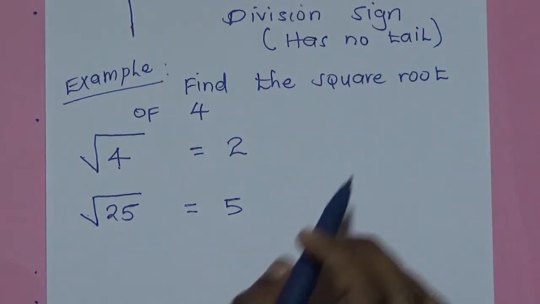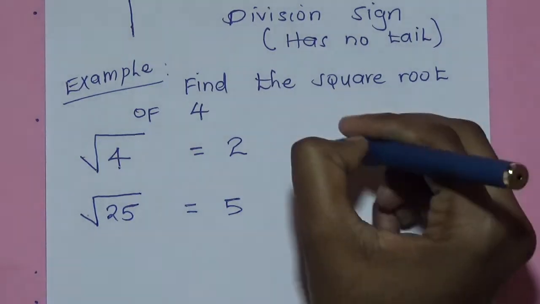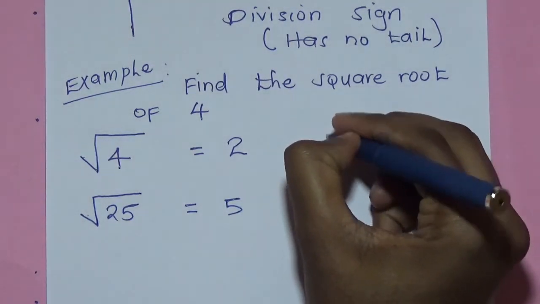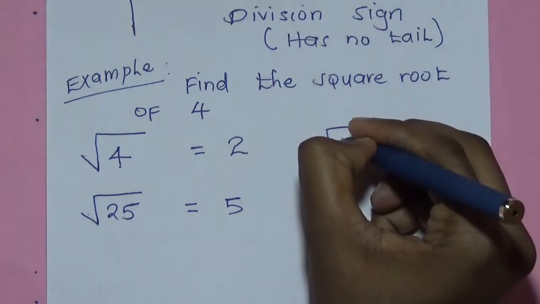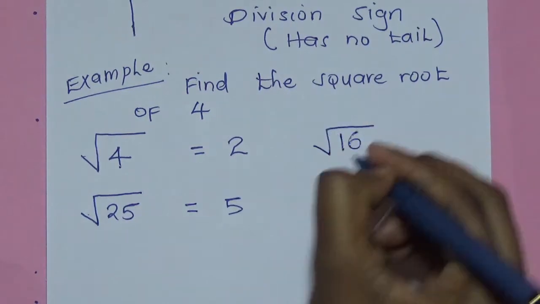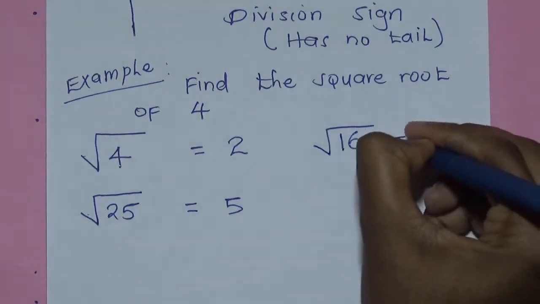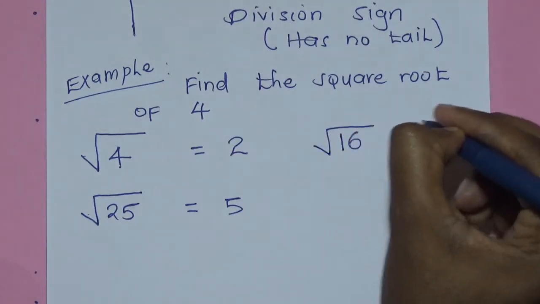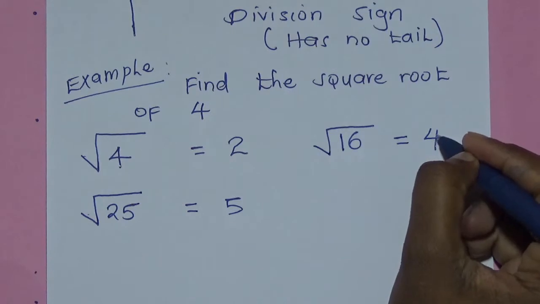Another example, the square root of 16. So you write the symbol like that, and then you write 16 inside the symbol or inside the sign. The square root of 16, we know it is 4, because 4 multiplied by itself will give you 16.